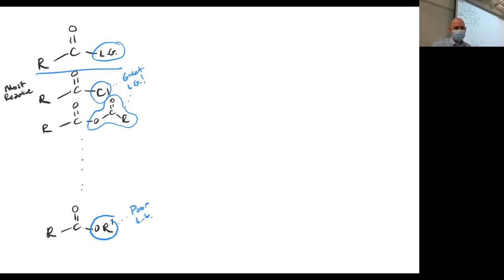And down here, that's part of an ester, is a pretty poor leaving group. So this is how these guys are different. They still have a carbonyl, but they're a carbonyl with a leaving group attached. So now we got something different and new.